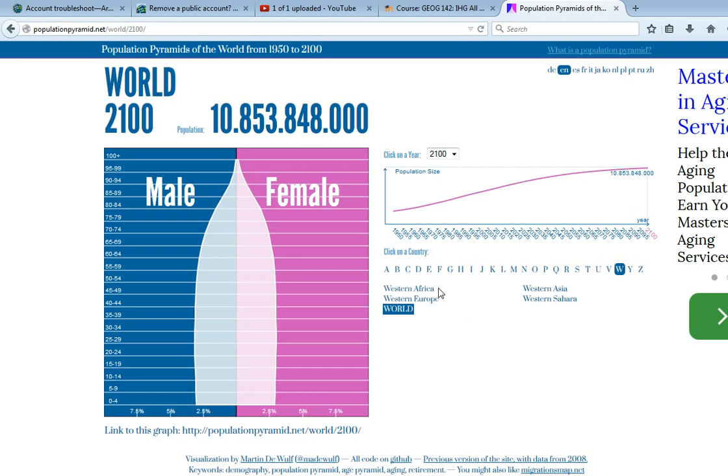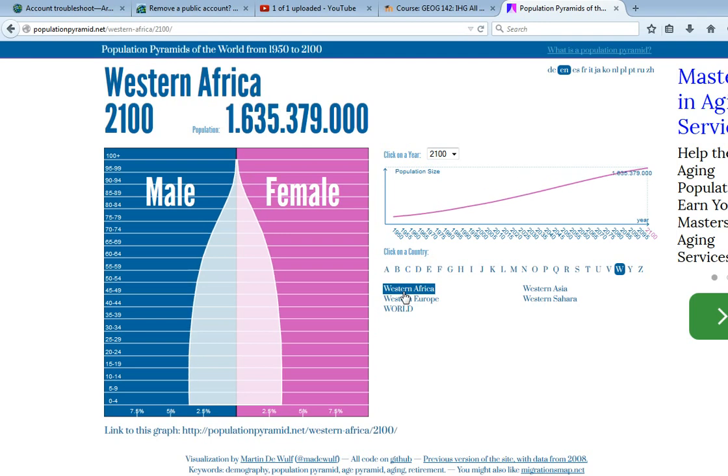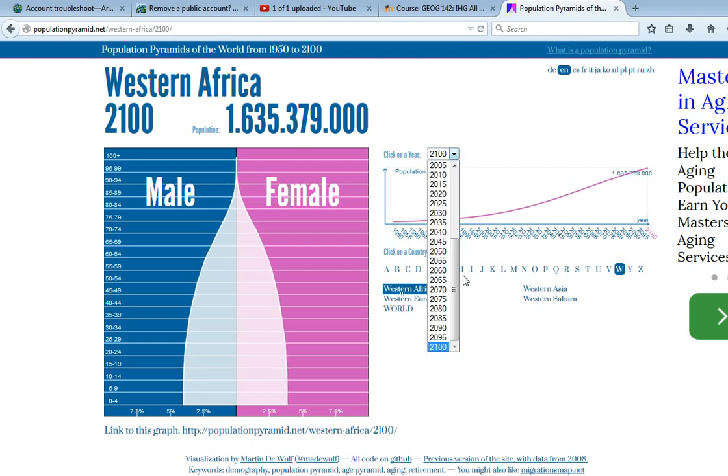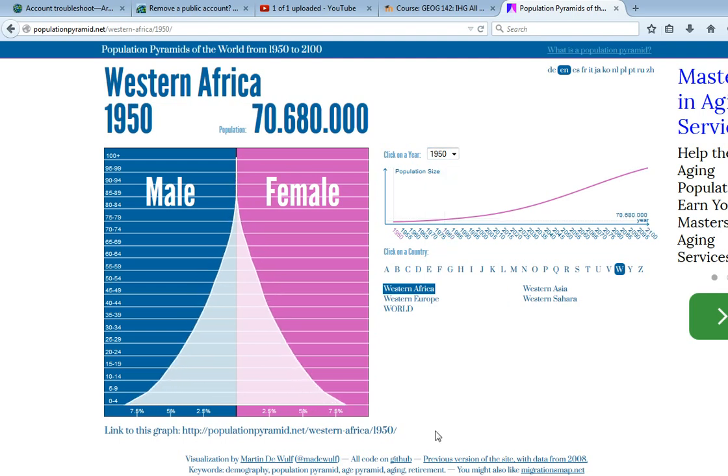So let's look at, in general, West Africa in 1950. So this is kind of a classic stage 1 population where you have a very high birth rate. 8% of the population is in those early years.